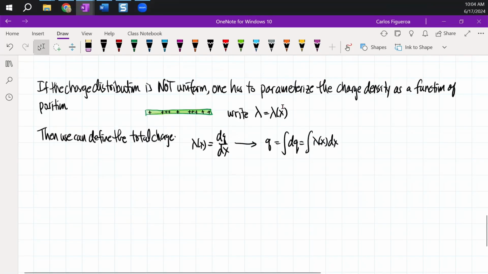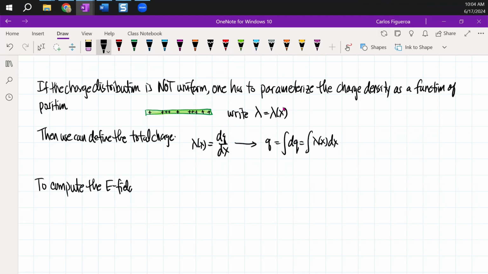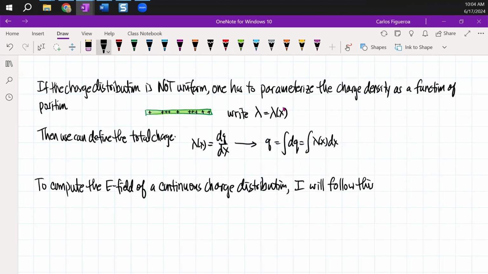To finish up the section here, to compute the electric fields of a continuous charge, I will follow this outline for problem solving.